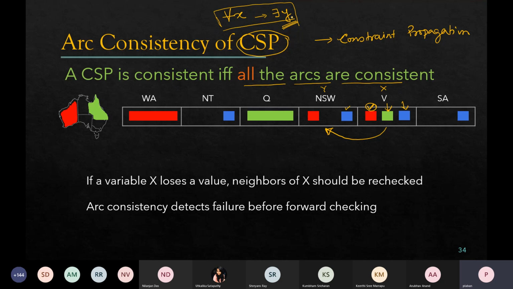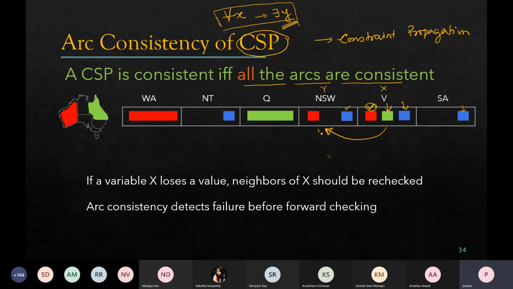Now let us check, say, SA to NSW. You can easily see that this arc is consistent, because this is your X. If we have this blue value for X, I can have NSW be red, which is really consistent, right? Now let us check the reverse, from NSW to SA.